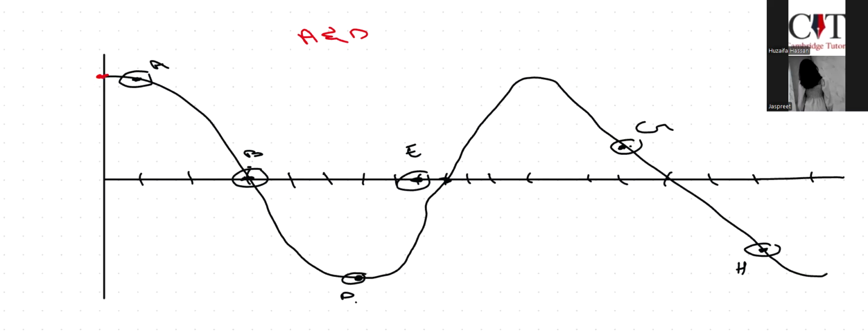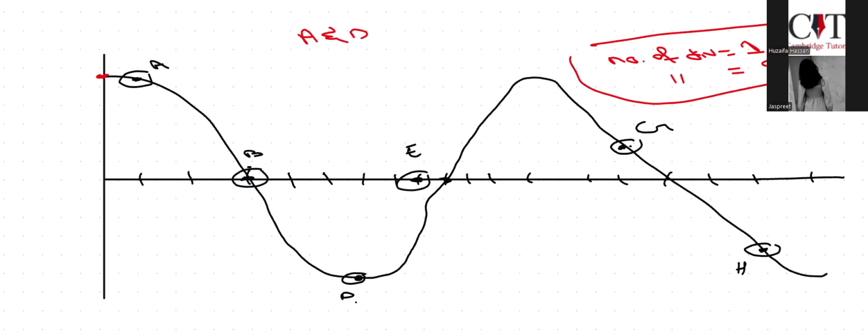So for calculating the phase difference in these types of questions, we have the formula: number of divisions, meaning the boxes, the lines. This is your boxes. The number of divisions equals 1 lambda. So using this formula, we will calculate it. First, just calculate the number of divisions required for one complete wave.